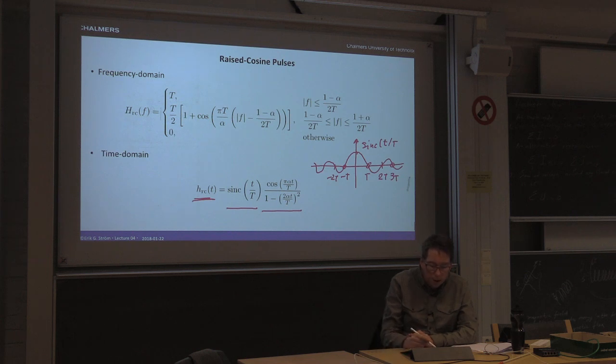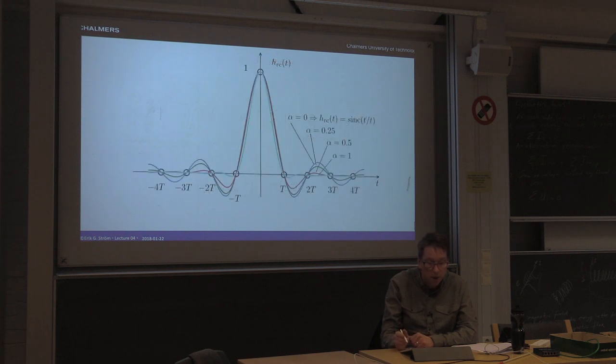The right zeros we get from the first factor, and the second factor essentially just makes sure that the tails of this pulse die off quicker, and it dies off according to alpha. If we look at this in the time domain, we get something like this. This is the raised cosine pulse in the time domain, and it better be that we have zero crossings every T seconds, like this.